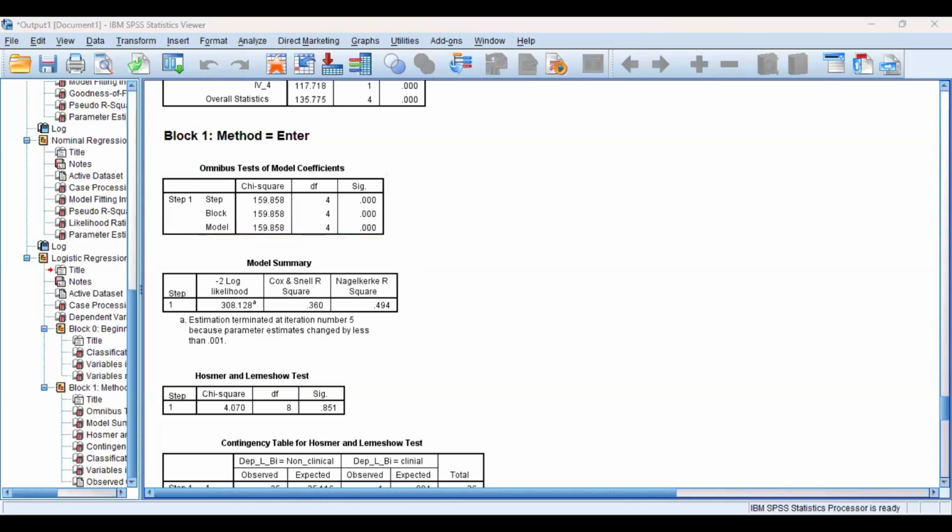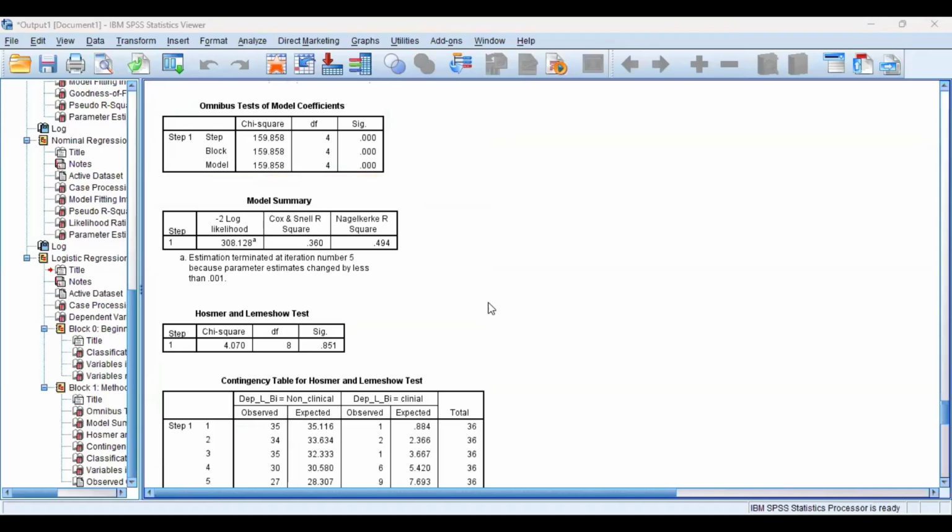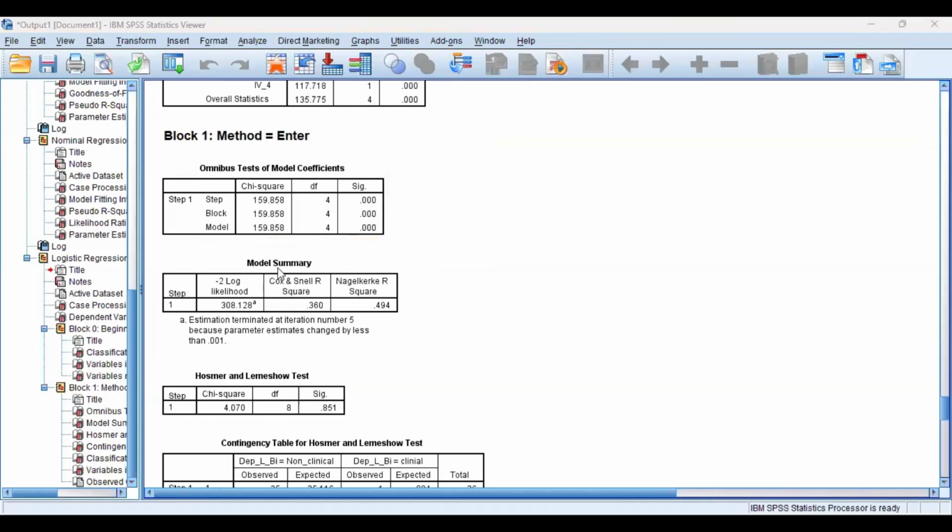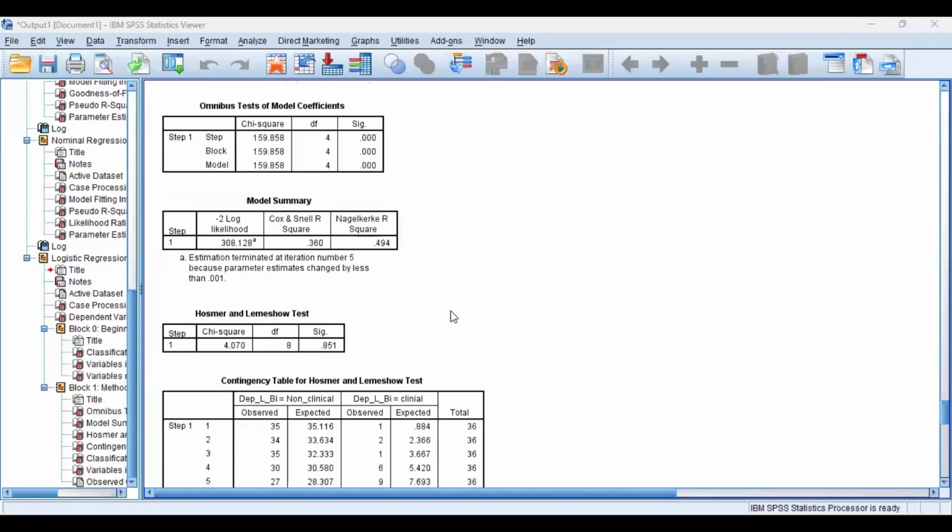And the next part that you want to check, actually, before going to the R squared, I'm going to another chi-square value that has a completely different interpretation, and that is Hosmer and Lemeshow.